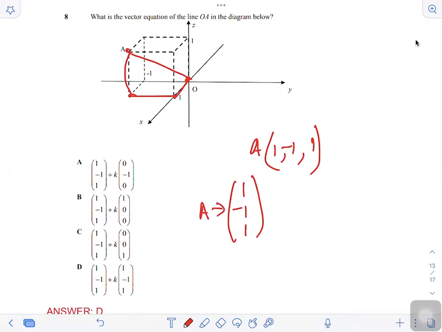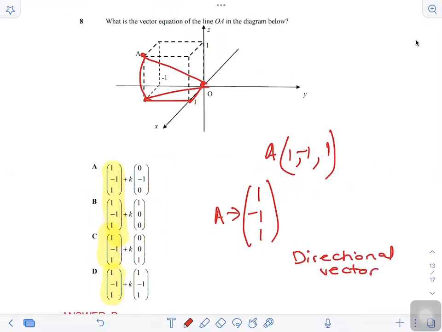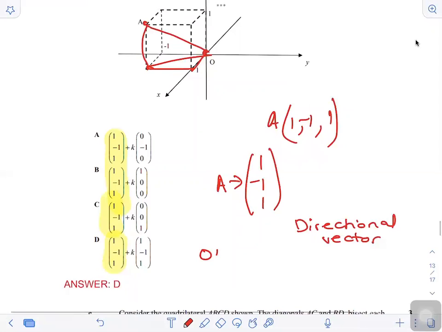Okay, so if you look at that, they've all got (1, -1, 1). So now all we need is the directional vector, the directional vector OA. A would be (1, -1, 1) and O is (0, 0, 0).